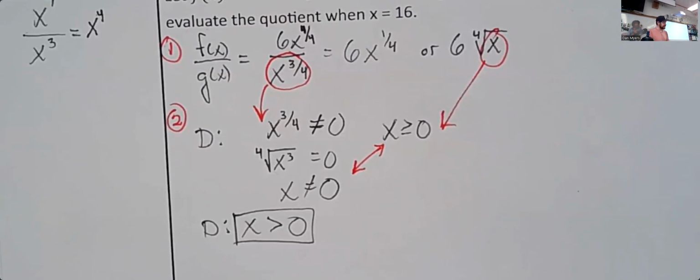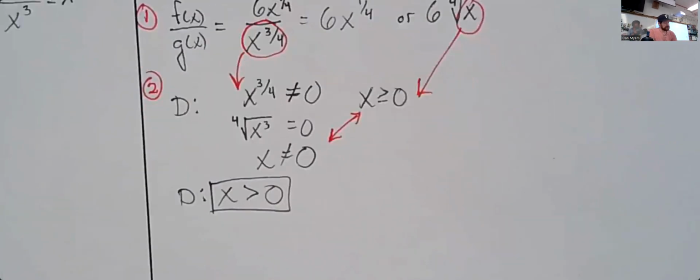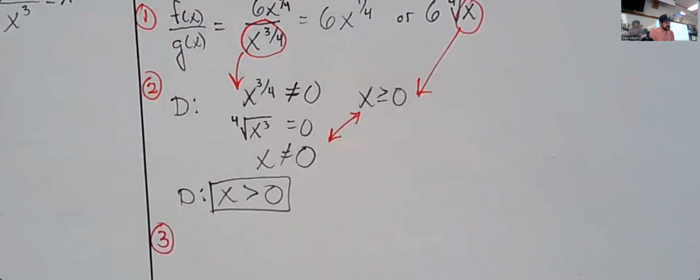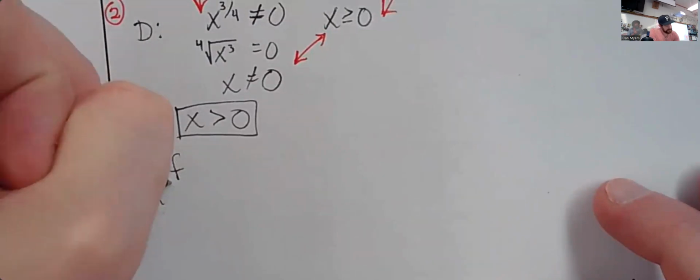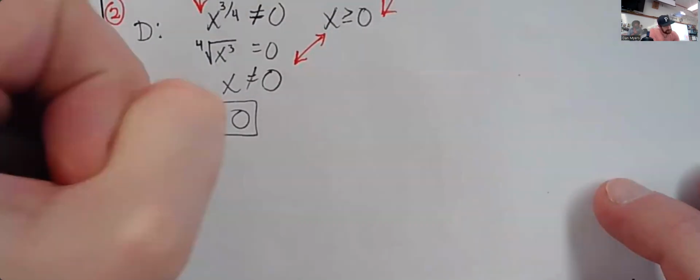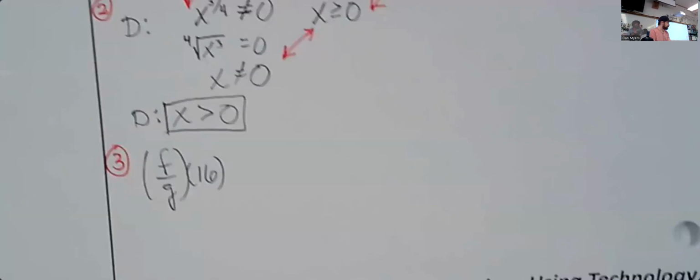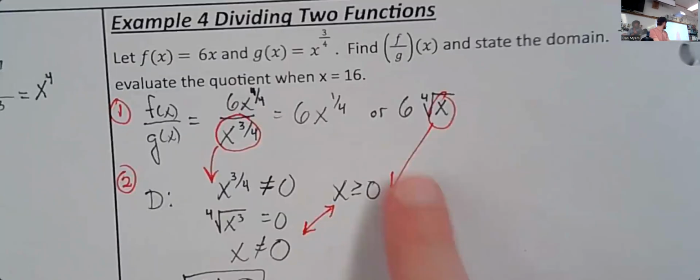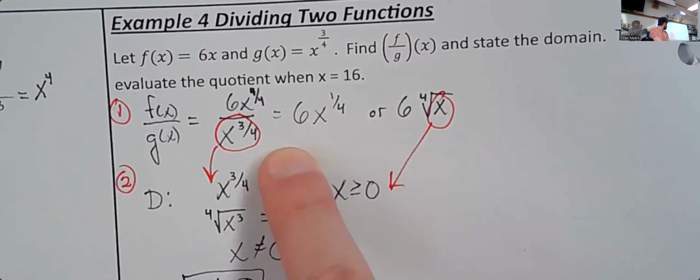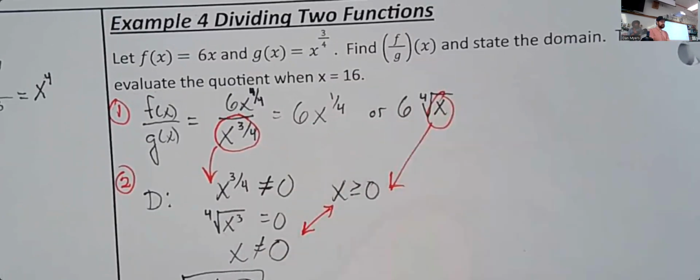So step 3, let's go ahead and plug in here. We're using 16 for x. So we're saying f divided by g of 16. F divided by g is here or here, either way. I'm going to use the radical one this time.